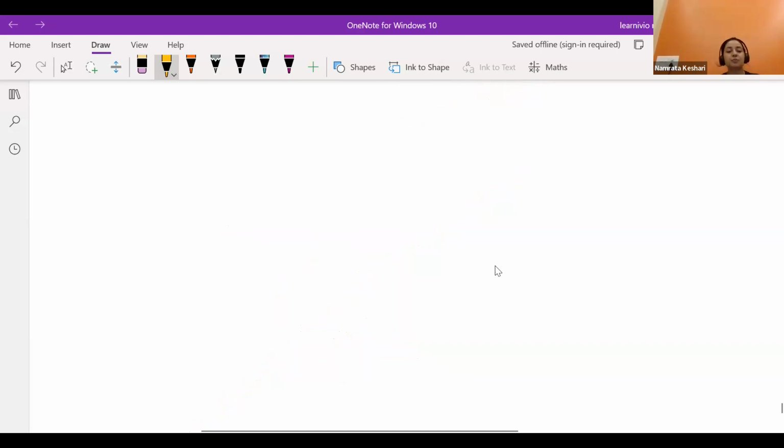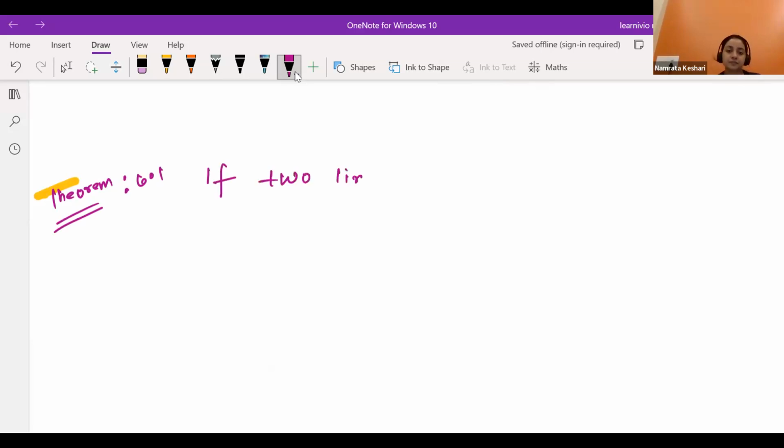Now, we will be doing the proof. Let's do it. On this theorem, there is a proof, theorem 6.1 in your book. Axiom 6.2 is also there, and we'll be discussing it.